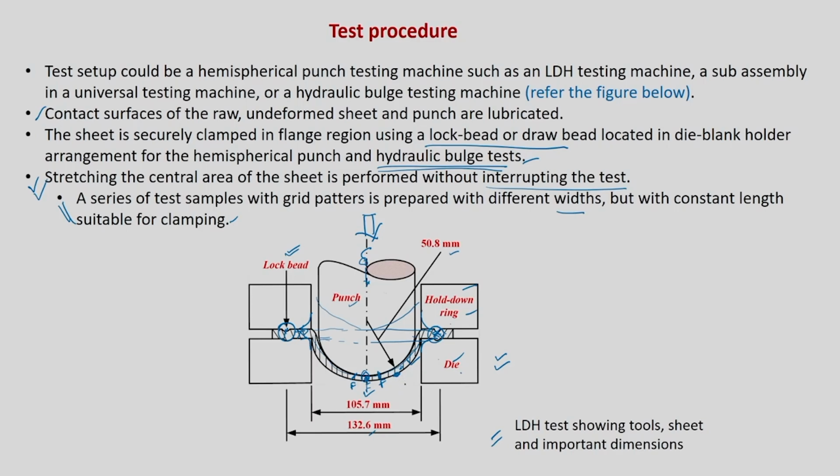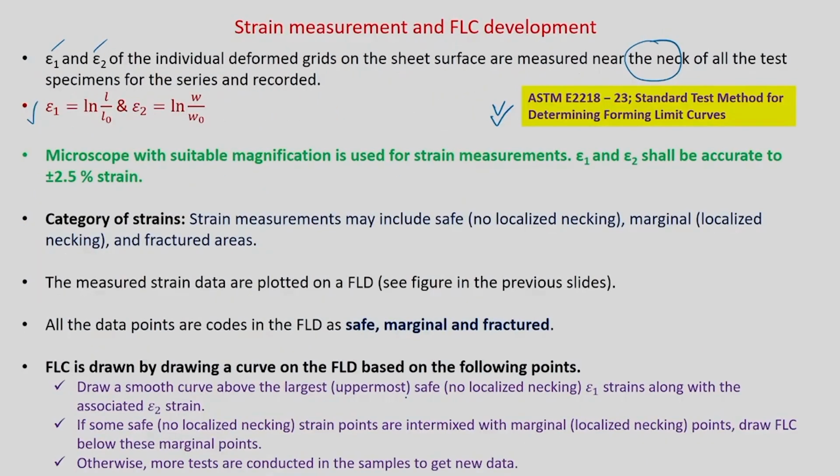You focus your microscope perpendicular to this. You have to orient your sheet in that fashion to get the actual dimension rather than the projected ones. You have to use appropriate magnification so that you can see the neck strains properly. And there are a lot of facilities now. You can take a photo of a few grids around the neck region, and you can process it later also.